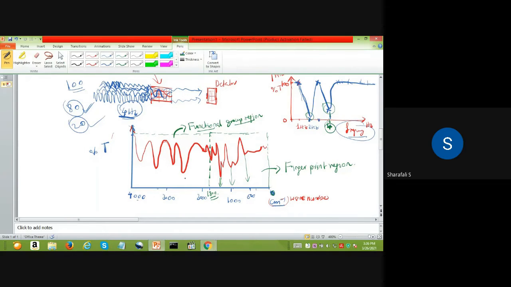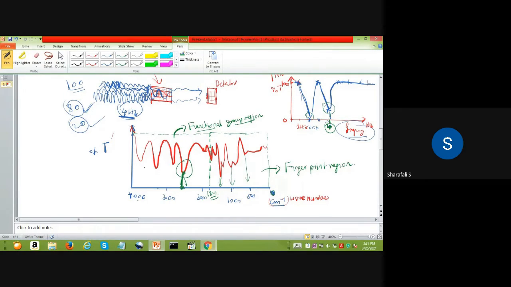For example, if you consider this particular peak, it is associated with this particular wave number, and that is associated with one particular functional group, for example CO, the carbonyl group. If a carbonyl group is present, this particular peak will be there for sure.